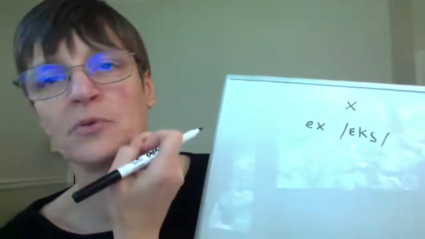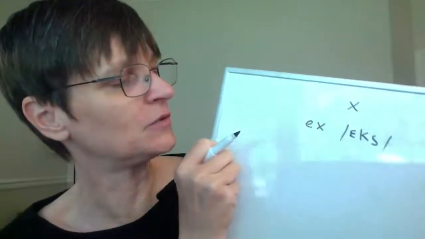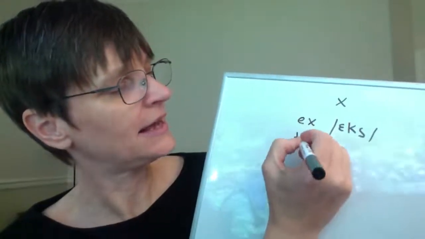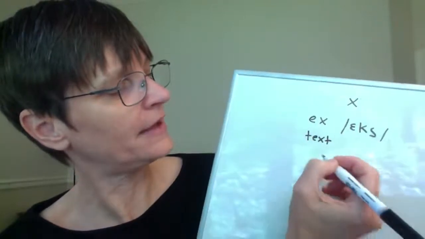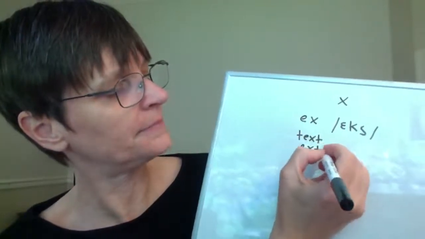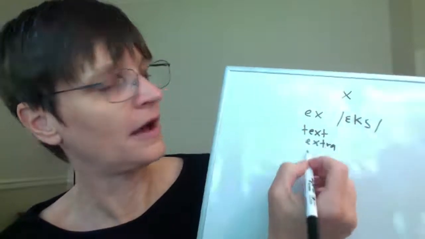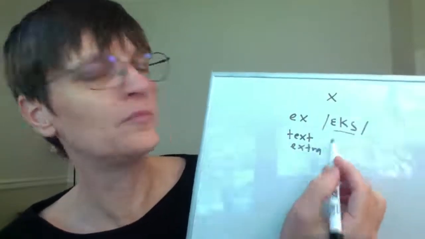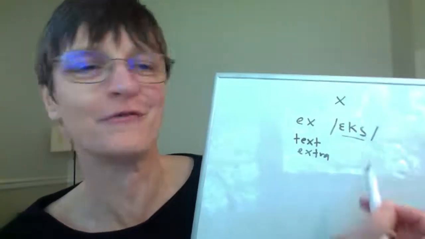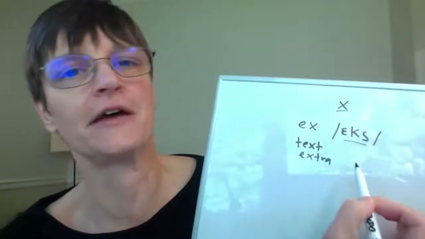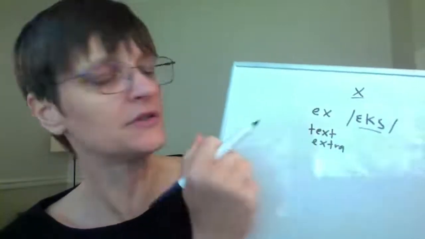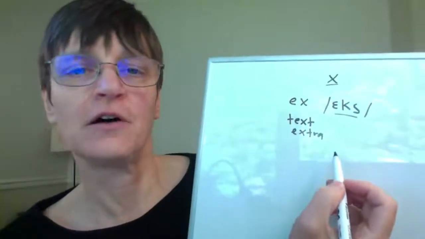So this is the pronunciation for E and X that's in words like text and extra, other words like that. That's kind of the one we most think of. We think of the letter X and the sound X. But in some other words, it's actually a different vowel and different consonants.